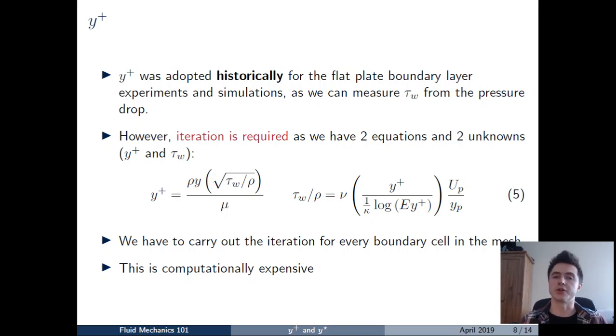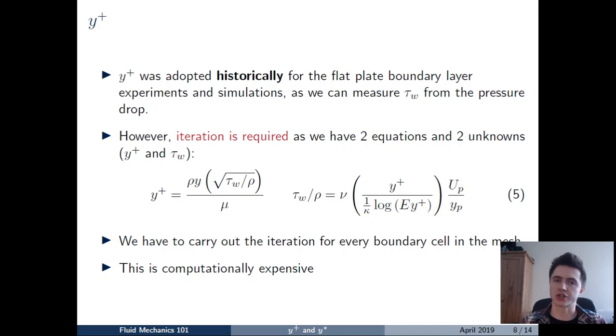In those experiments we would measure the velocity and the distance normal to the wall in global units, and we could also measure the wall shear stress easily, getting it from the pressure drop by doing a momentum and force balance. After computing the wall shear stress in the experiments, we could take the square root and use that as a velocity scale to plot our velocity profile normal to the wall in dimensionless units.